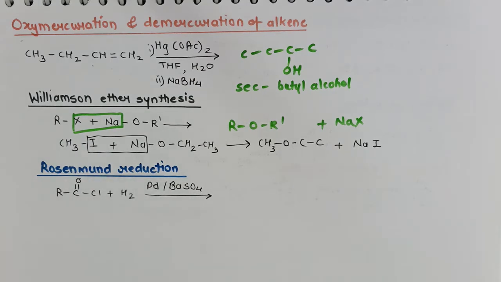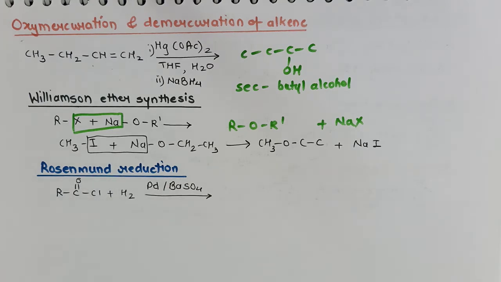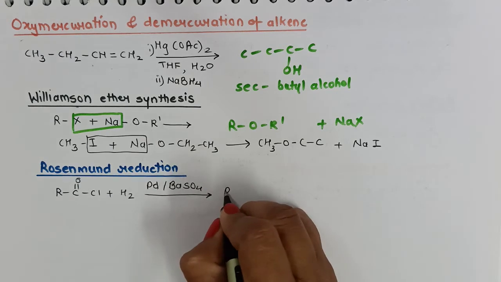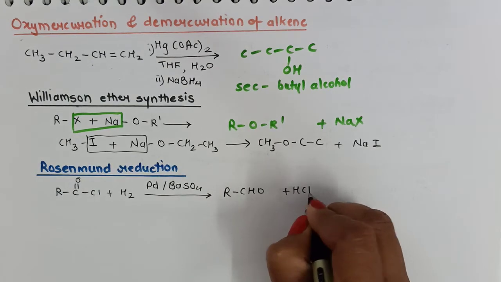Now Rosenmund reduction. In Rosenmund reduction, there is a conversion of acyl chloride in presence of hydrogen, palladium, barium sulfate to the aldehyde. So we can say acyl chlorides can be converted to corresponding aldehyde by Rosenmund reduction reaction. The byproduct will be HCl.